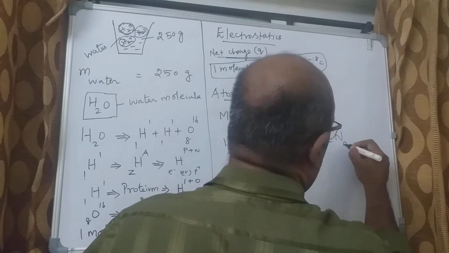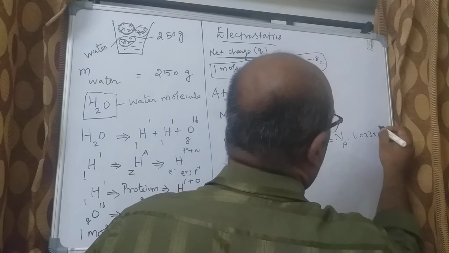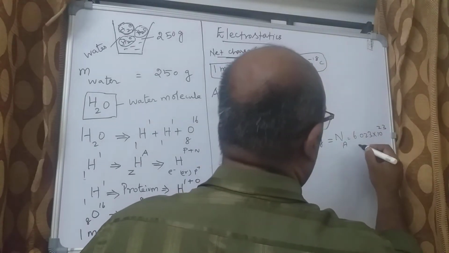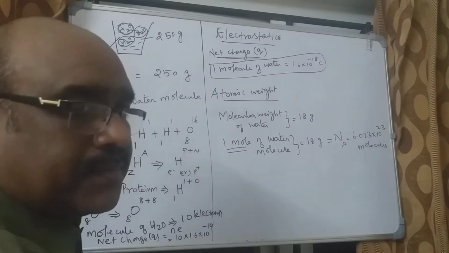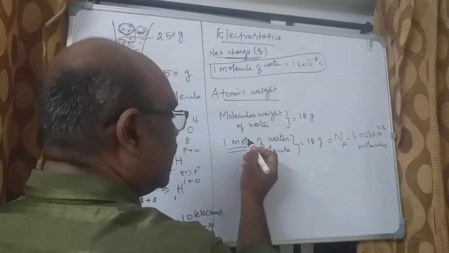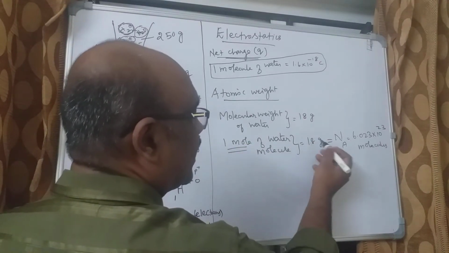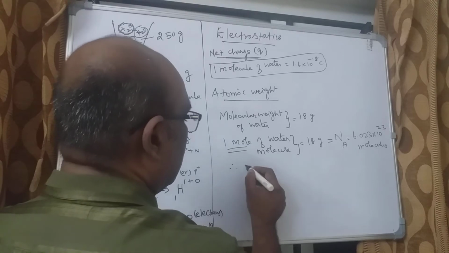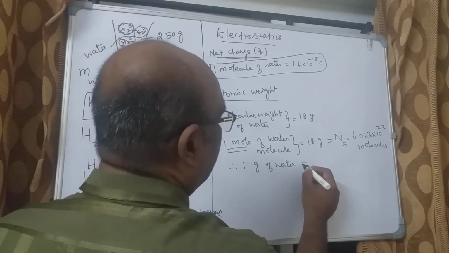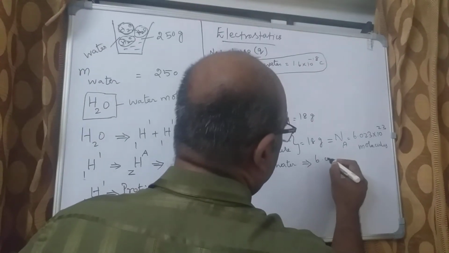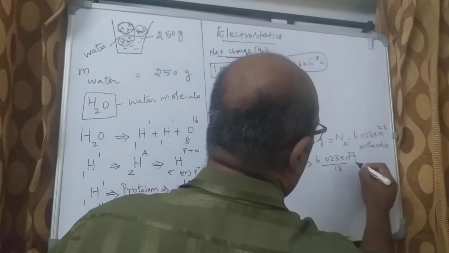So, N Avogadro is equal to 6.023 into 10 to the power 23 molecules present in 1 mole of the substance. That is, 18 grams of water contain this many molecules. Therefore, 1 gram of water will have 6.023 into 10 to the power 23 divided by 18 molecules.